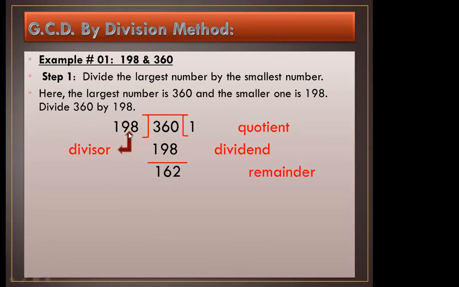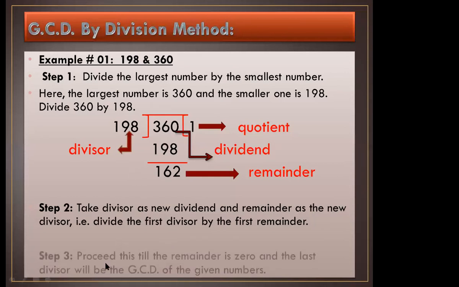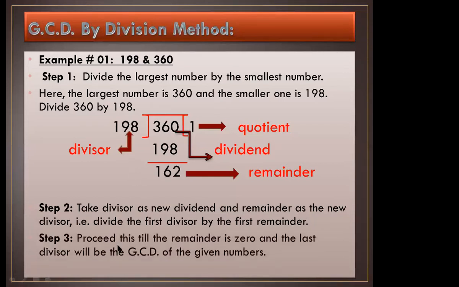So here 198 is your divisor, 1 is your quotient, 360 is your dividend, and 162 is your remainder. Now in step number 2, take the divisor as the new dividend and the remainder as the new divisor. I will explain step number 2 and step number 3 with the help of my notebook.